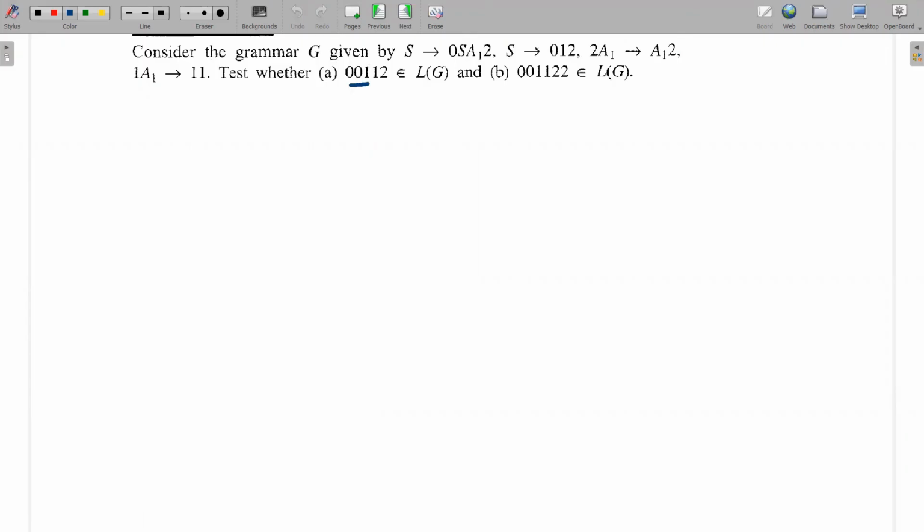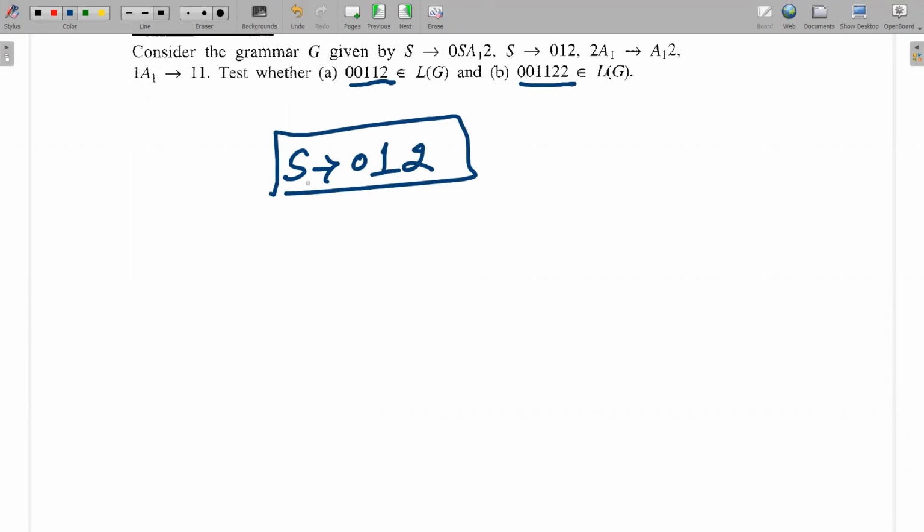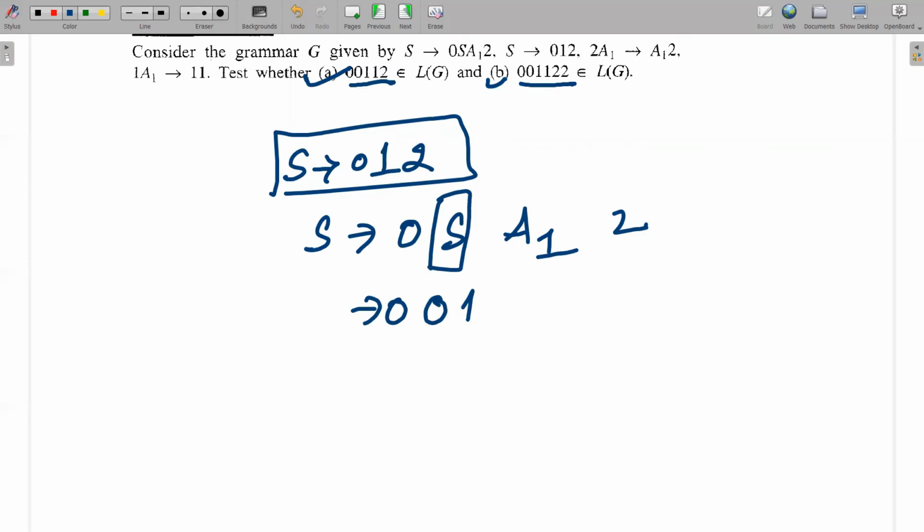So we have the next question, where the grammar is given. Test whether it belongs to 00112 or 0011122. Clearly, it is giving 012, which is my starting grammar. Now I have to check which language it belongs to. I can use the rule S generating AS1 A2, because you can generate strings from recursive rules also. You can write this S value as 012 A12.